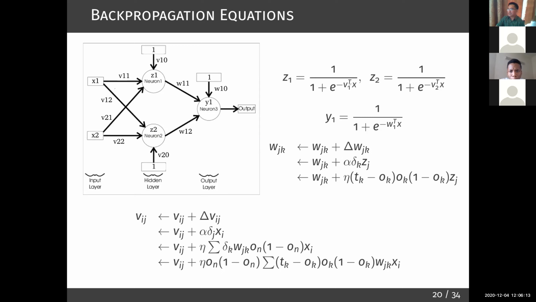So here, the inputs are weighted by V1 and then V2. These are the weights V11. This is wrong. This should be V21.